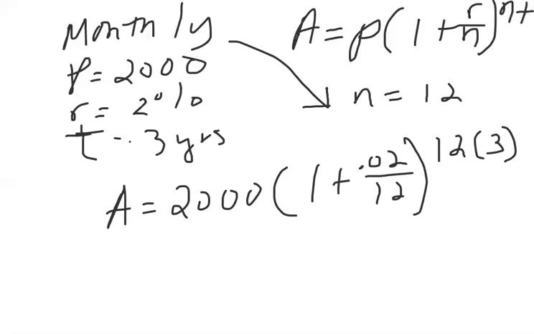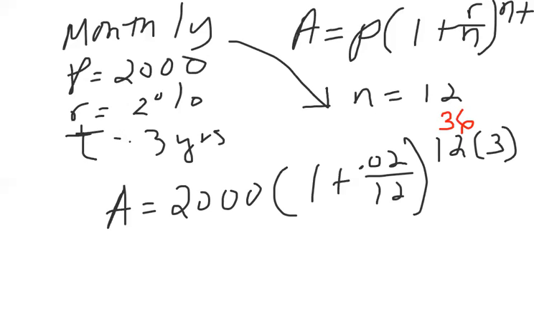Now, let me say this, guys, on a side note. When I'm doing these problems on a calculator, what I like to do for the power is to go ahead and do my multiplication ahead of time. So that 12 times 3 power, rather than plug into the calculator 12 times 3, I am going to use the 36 power, guys, okay?